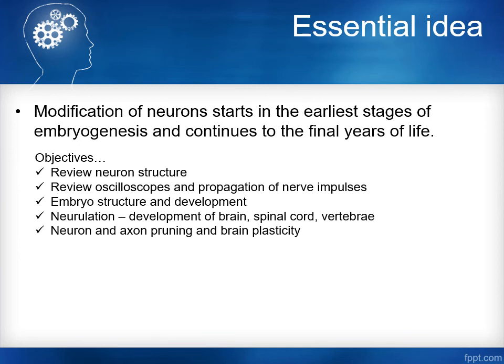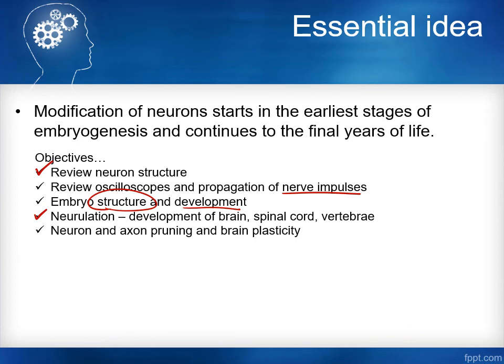And so just a quick check of our objectives. Hopefully you're like, I totally remember all those neuron pieces and parts. I remember resting potential, depolarization, repolarization, hyperpolarization. I know a little bit more now about embryo structure. So zygote, morula, blastula, gastrula. We talked about the development, lots and lots of mitosis, lots of genes getting turned on and off.